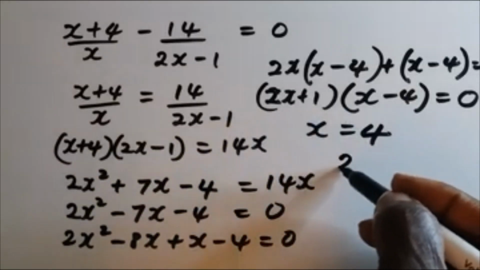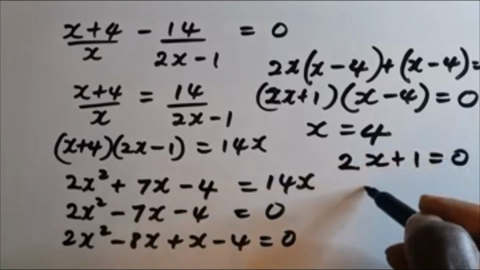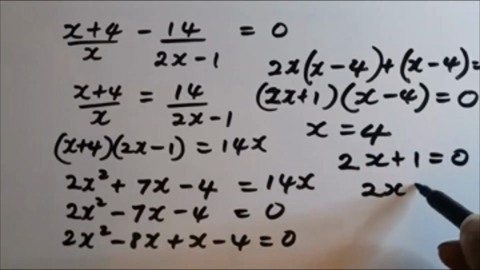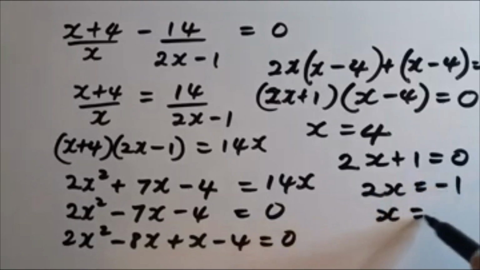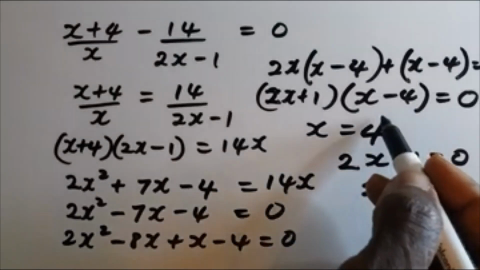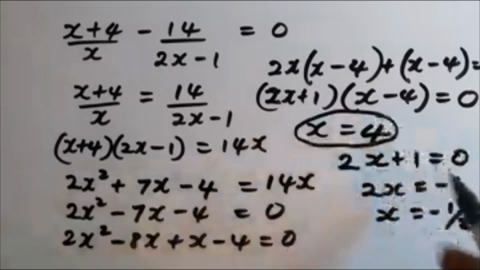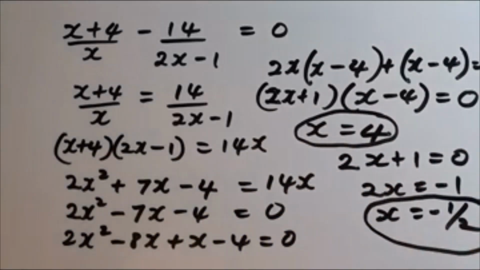So 2x must be equal to minus 1, x is equal to minus a half. So our two solutions are x equal to 4, x equal to negative a half.